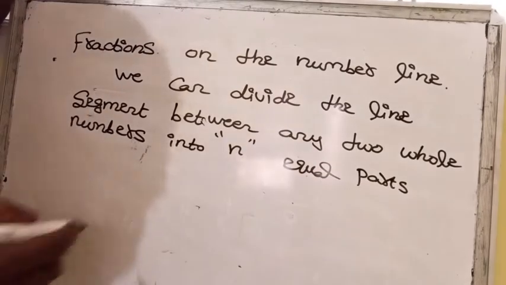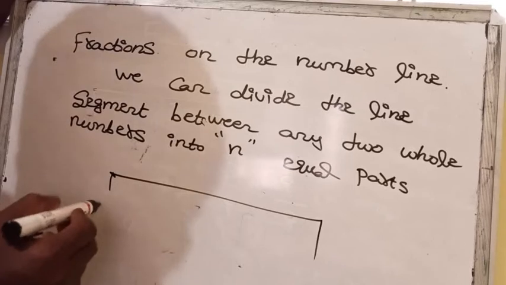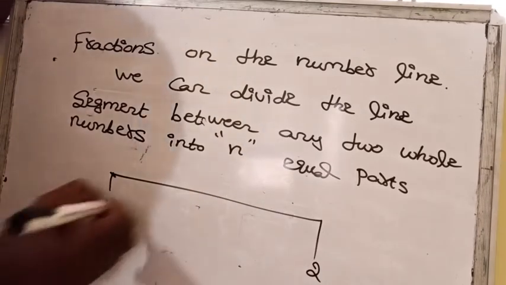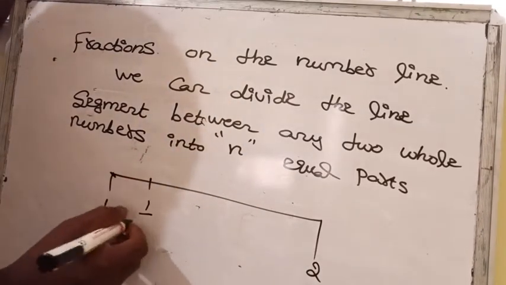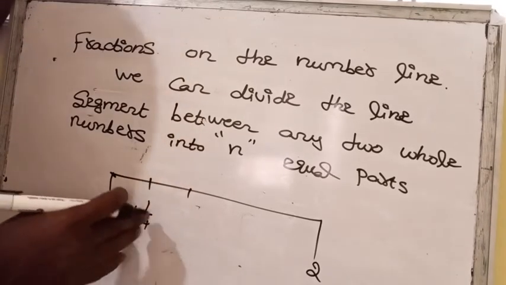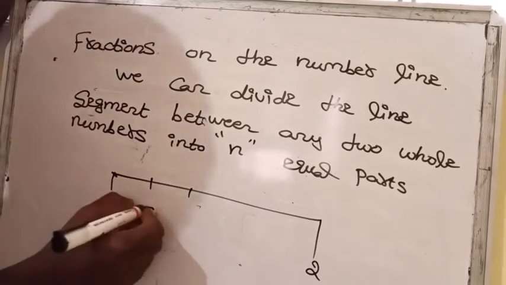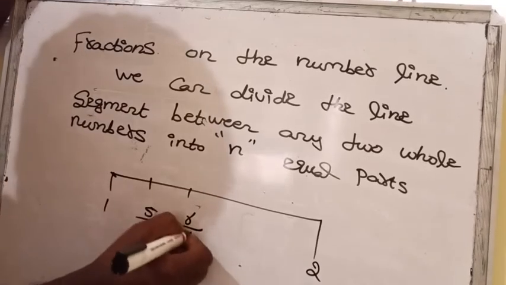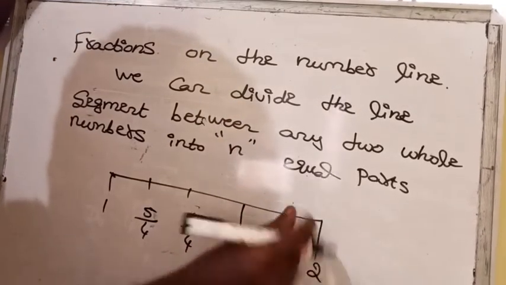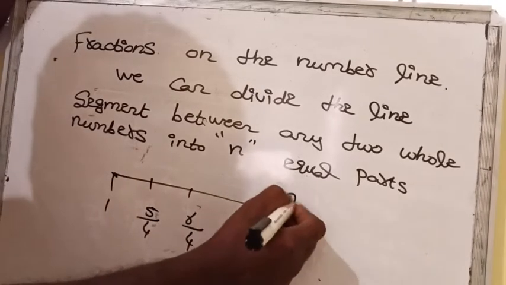If you want to divide the segment between 1 and 2 into 4 equal parts, then it should be 4 by 4, 5 by 4, 6 by 4, 7 by 4, and then 8 by 4, which is nothing but 2.